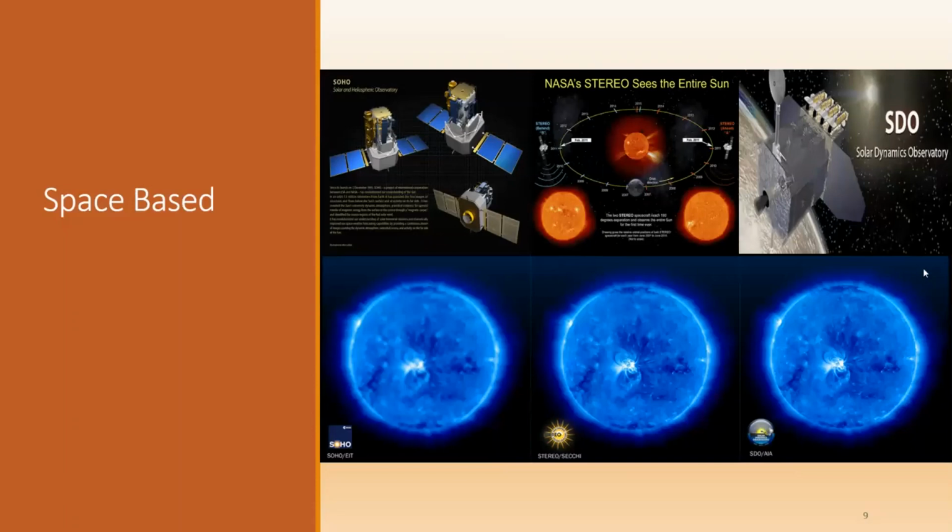These can only be accessed through a space-based solar observatory, because the Earth's ozone layer stops these ultraviolet rays, which makes capturing those ultraviolet images difficult.